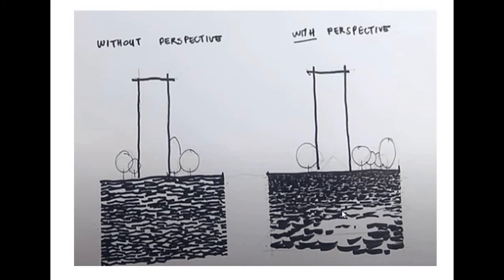So this is perspective view. And if you draw without perspective, you can draw evenly spaced, as children do. They draw the layers, they draw the waves in an even manner like this. So this is without perspective.